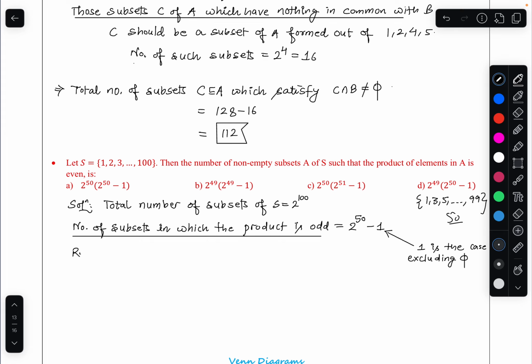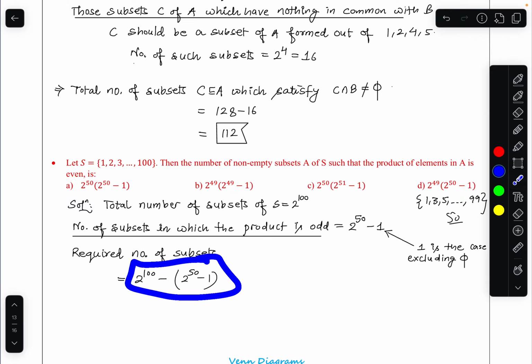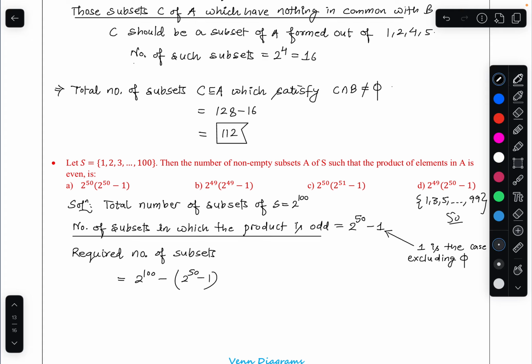Now, the required number of subsets I was looking for. Total number of subsets is 2 power 100. Amongst these, there are those in which the product is odd, 2 power 50 minus 1. But even in this difference that you have taken, there is one subset, and the phi is the one. So I need to exclude that phi.